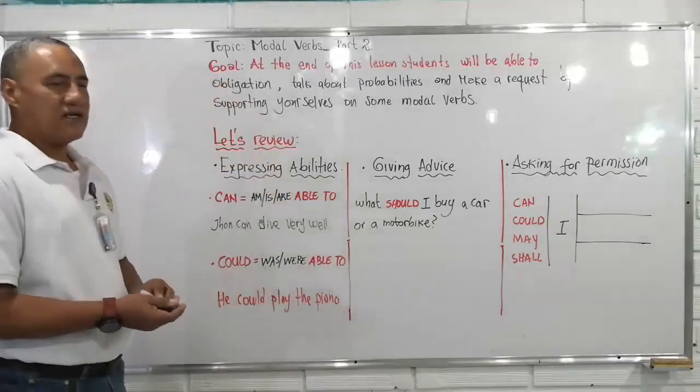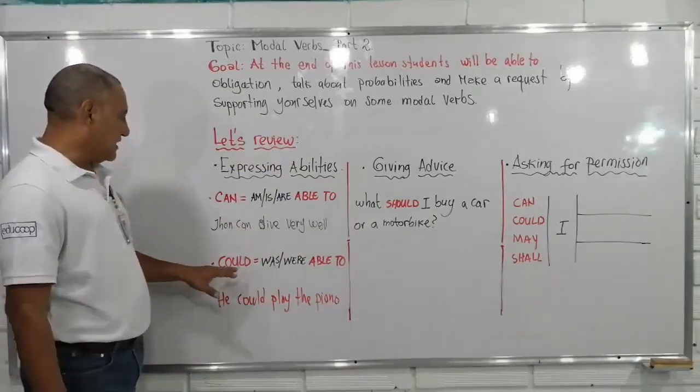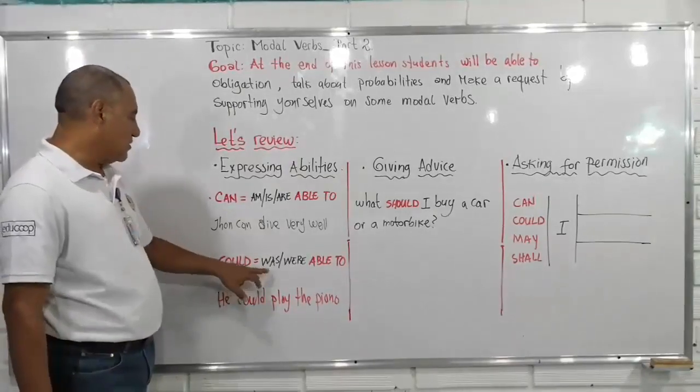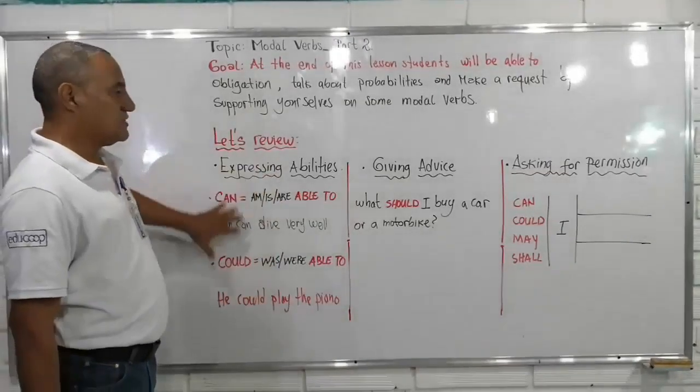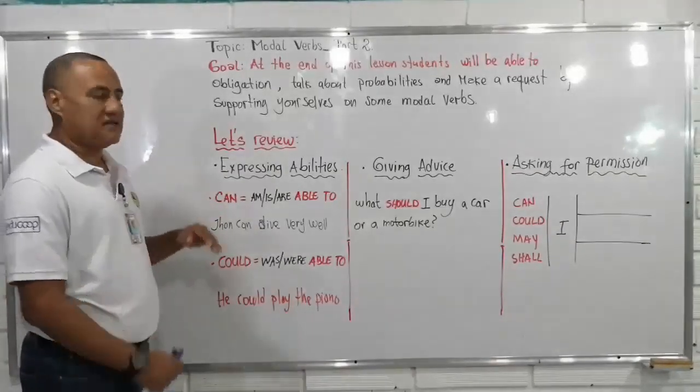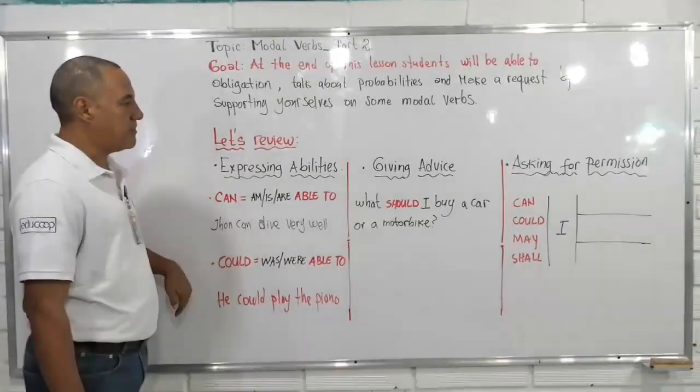All right. He could play the piano. He had this ability when he was 10 years old. Then John, he was able to play the piano. All right? So with this, we can talk about ability in present as well as in the past.